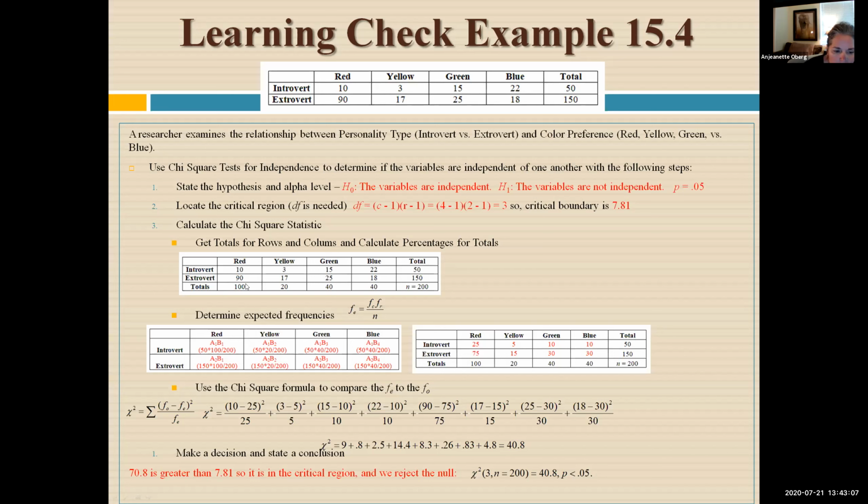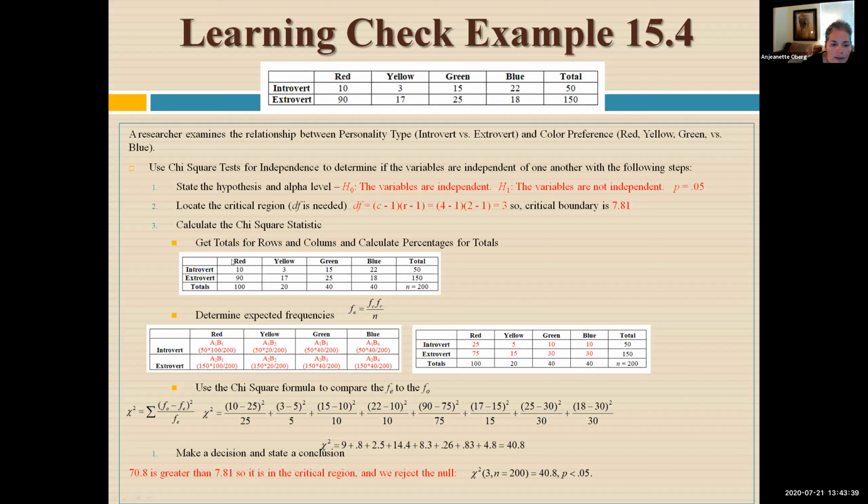Here's our frequency for our column. If we had 10 introverts and 90 extroverts that preferred red, our frequency for our column is 100. If I have 50 introverts overall and 150 extroverts, my frequency for my row is 50 for introvert and 150 for extrovert. So we're taking frequency for column times frequency for row.